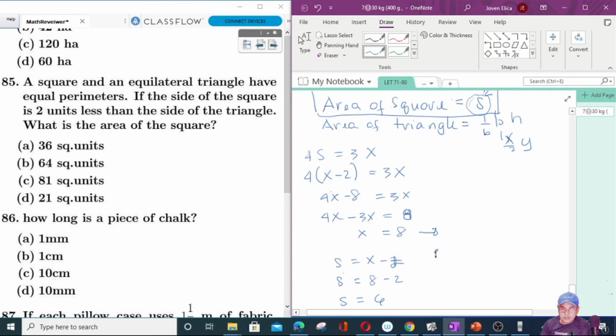Therefore, the area of the square is s squared, which is 6 squared, equal to 36 square units. That is letter A.